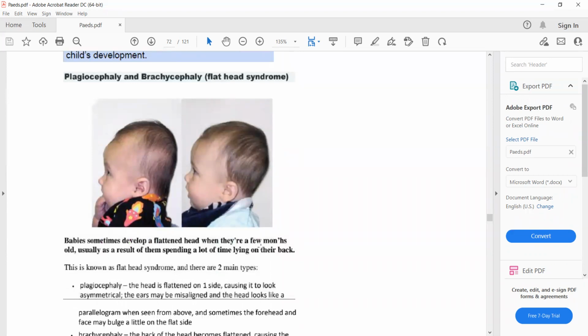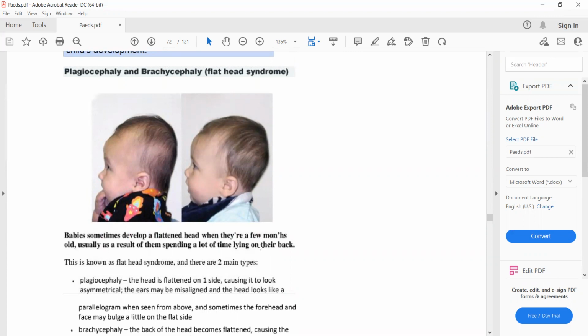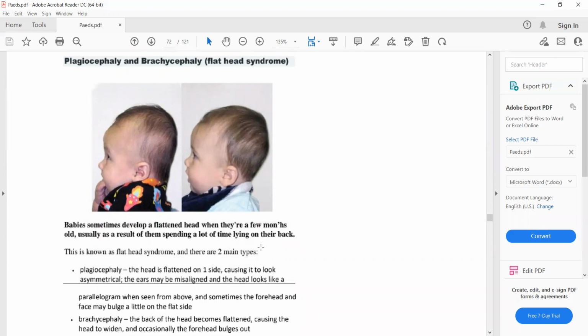Now, another non-harmful condition, that is plagiocephaly and brachycephaly. Plagiocephaly is flattening of the head on one side. So one side of the head is flattened and it looks like an asymmetrical head.